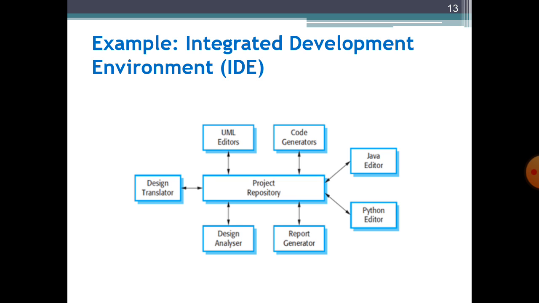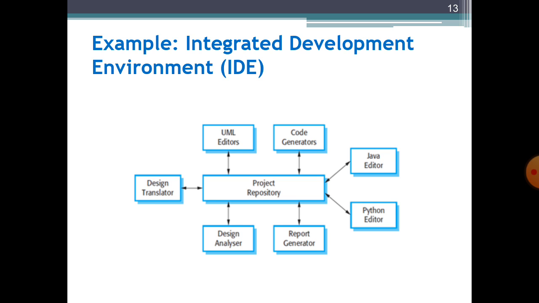And in repository architecture, the data generated by any one of these components will be utilized by another component. For example, as I said earlier, the UML editor component provides a static view and dynamic view type of architecture to the developer team, where the code generator component will utilize the UML editor component data as well.